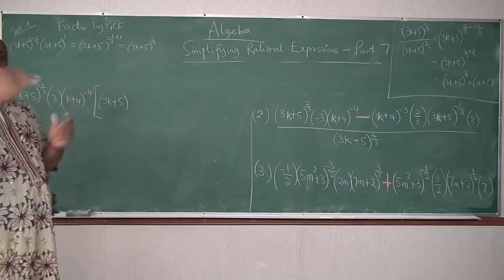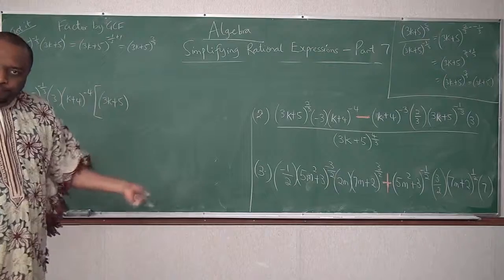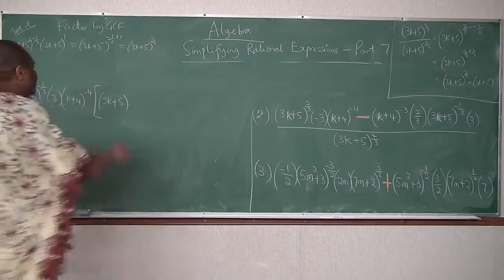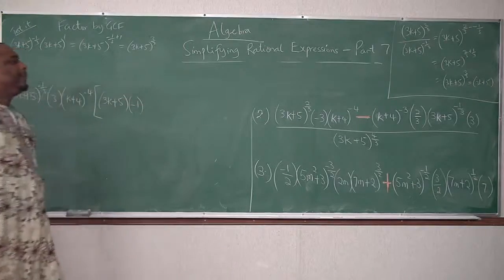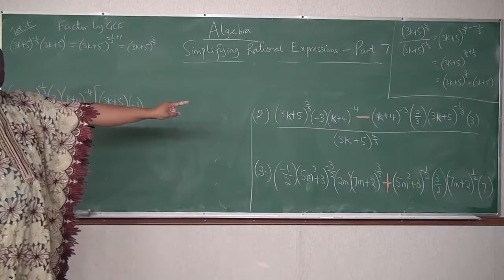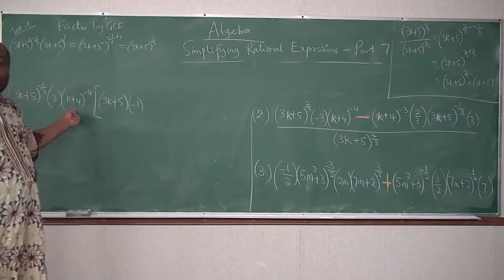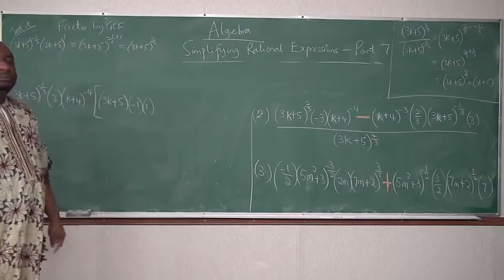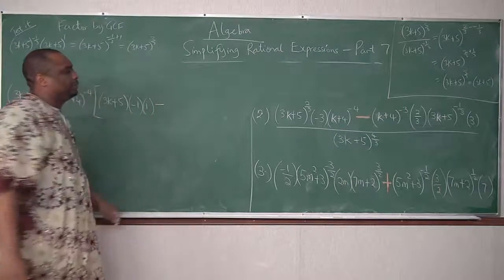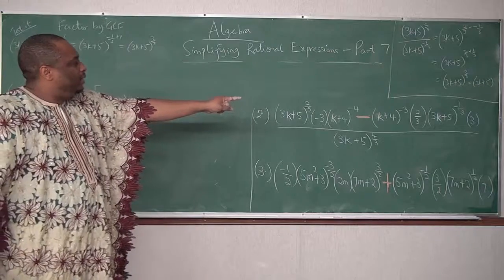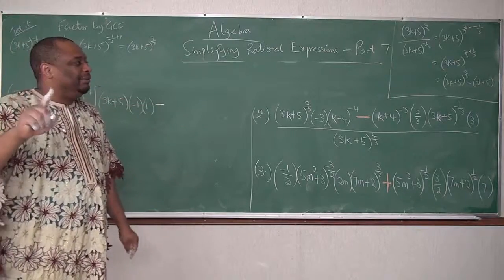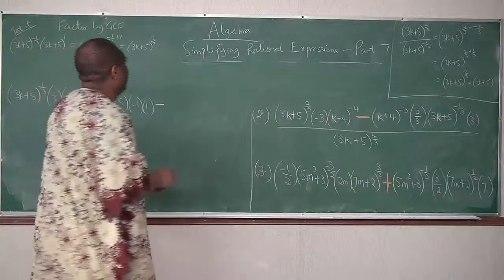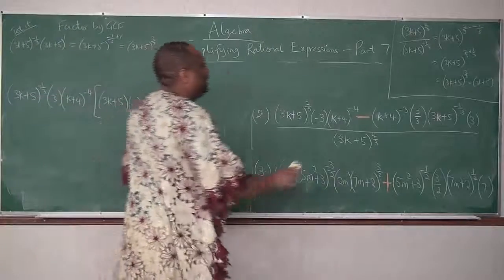Anything you bring out, just make sure you do the correct division. Now negative 3 divided by 3 is negative 1. Then k plus 4 exponent negative 4 divided by k plus 4 exponent negative 4 is 1. Okay? Then minus, here we now do k plus 4 exponent negative 3 divided by k plus 4 exponent negative 4.